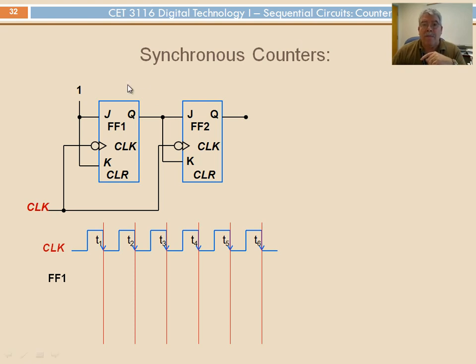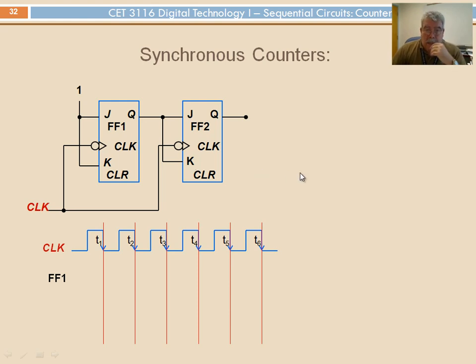What happens in this case when the first flip-flop's Q is 0? What do we have here? We have a hold. So the clock will come and will keep the output the same. When the first flip-flop is 1, then we're going to change, because it's going to be a toggle.